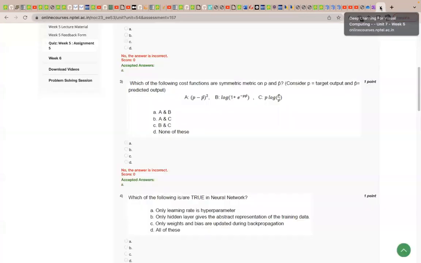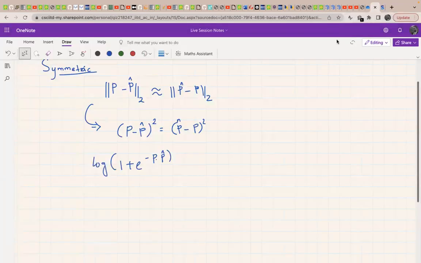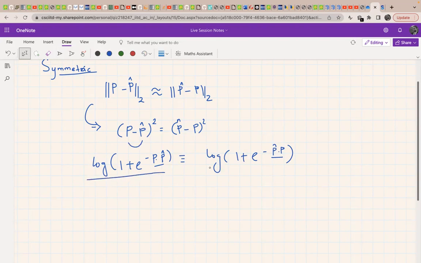If I replace p and p hat, that will be equivalent to log of 1 plus e to the power minus p hat dot p, which is again the same, right? p hat dot p equals p dot p hat. So by exchanging the values of p and p dash, the metric remains the same. These both are symmetric metrics.